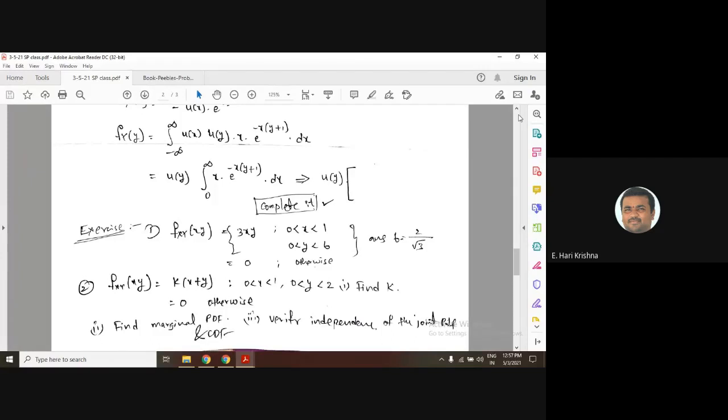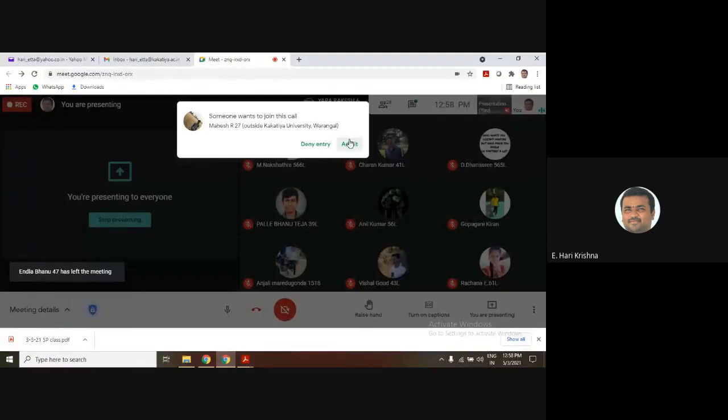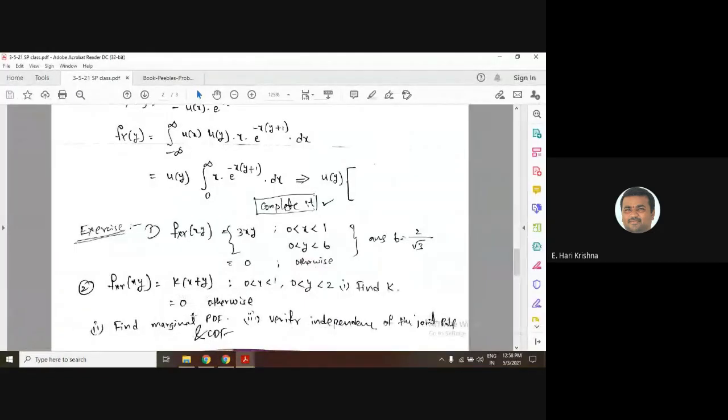The first question is f_xy of x, y is equal to 3 into x into y, with x values between 0 to 1, and y values between 0 to b, and 0 otherwise. Simple integration, very simple integration.